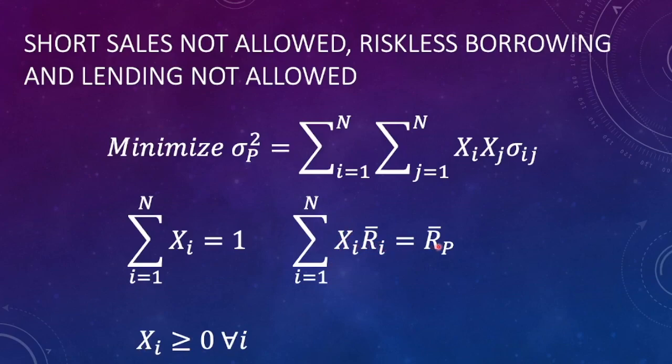We find these x values for a particular return. Let's say I want a return of 5%. We find the point where the return is 5% but which minimizes our risk. That point is on our efficient frontier.